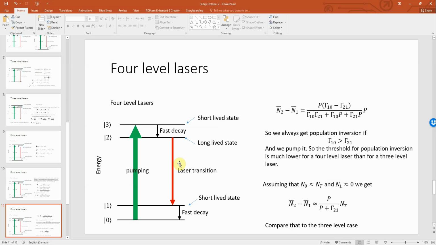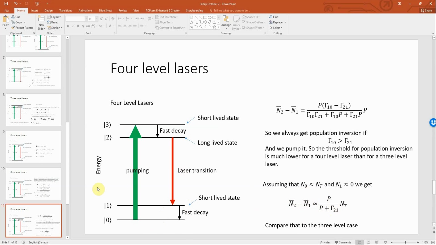And you can make the simplification that if this ground state N0 is approximately equal to the total population, and the population of this first state is approximately 0, then the difference of this population is actually just the pump over the pump plus gamma 2-1.